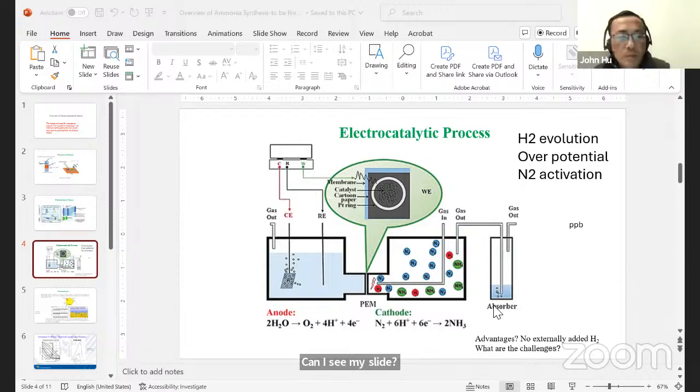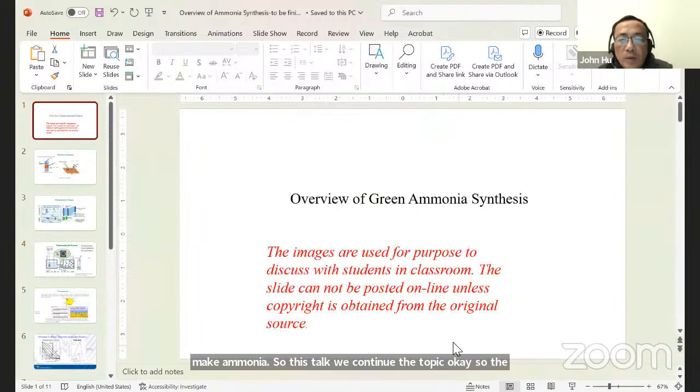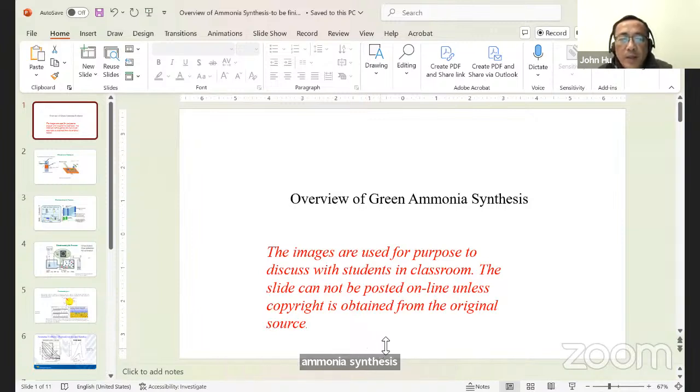All right. I think yesterday, when I lectured, we left off here. So this is the electrocatalytic process to make ammonia. So we continue the topic. Let me go back. The topic is the overview of green ammonia synthesis. How many methods do we have for producing green ammonia?